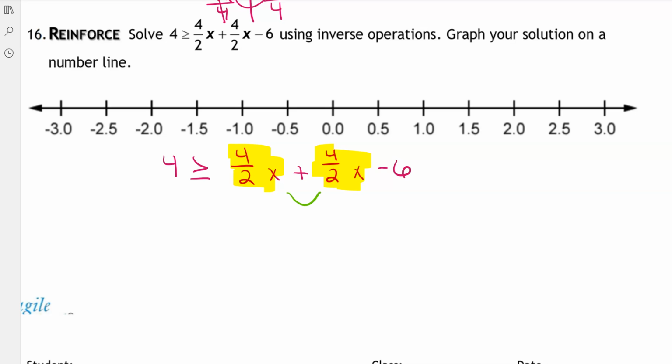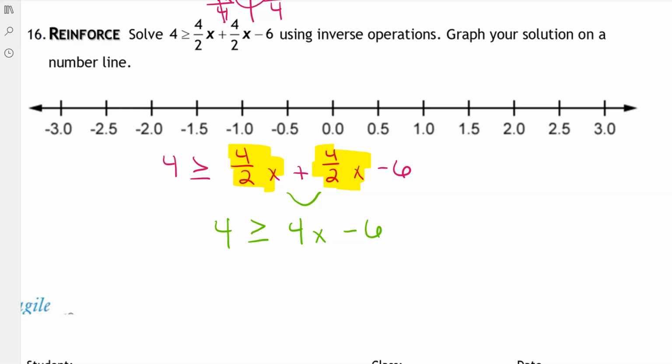So 4 plus 4 is 8. 2 plus, and then we keep the 2 the same because we have to keep the same denominator. And we're going to rewrite this. Bam. But we know that 8 divided by 2 is just 4. So we can just put 4 here.